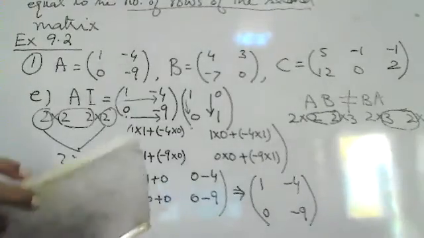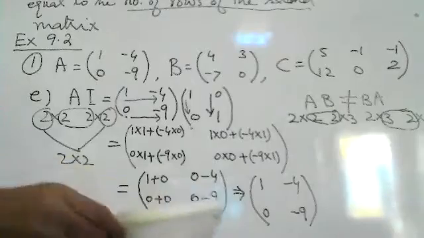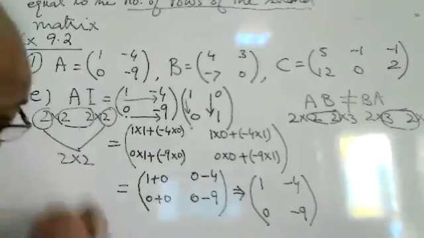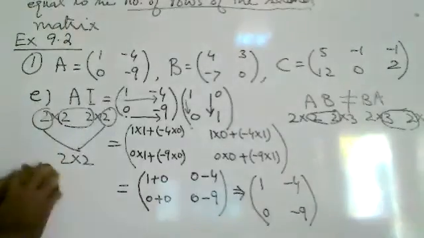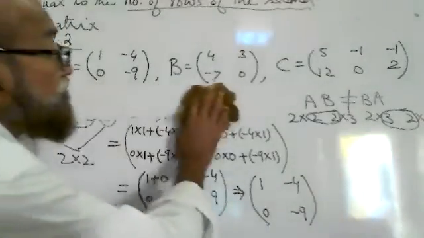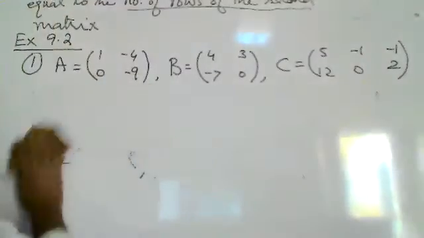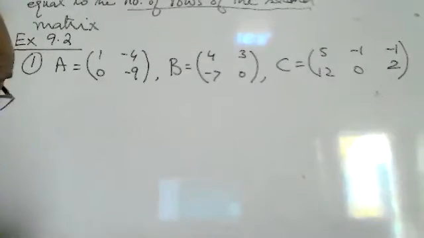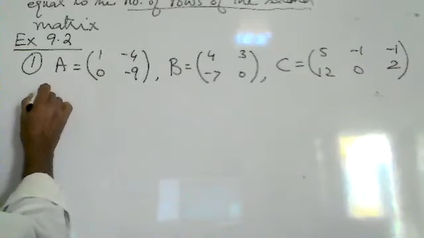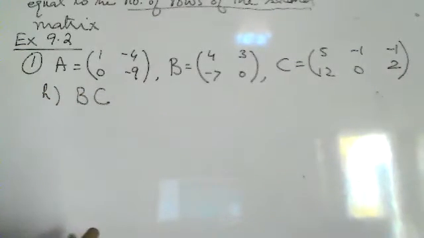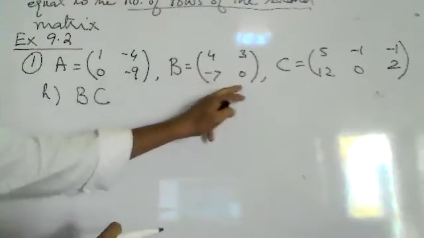Now B into C. First we write their sizes. B is 2 by 2.